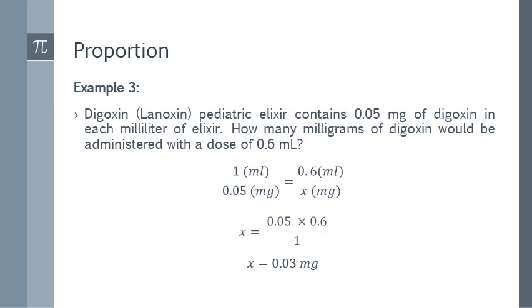In the next example, digoxin pediatric elixir contains 0.05 milligram of digoxin in each ml of elixir. How many milligrams of digoxin would be administered with a dose of 0.6 ml? Now 1 ml of digoxin elixir contains 0.05 milligrams, so we put it on one side of the equation, that is 1 upon 0.05.